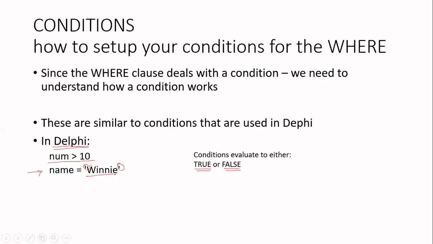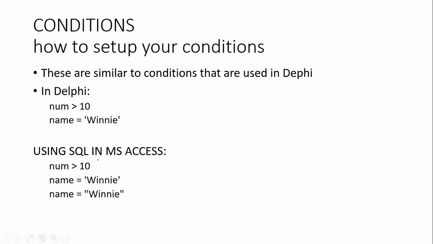Let's look at how we make use of conditions, and in particular strings, in SQL. Well, the first point is that your conditions are written in exactly the same way as you would have written them in Delphi. So there's no change to writing a condition in Delphi versus writing a condition in the where clause of your SQL.